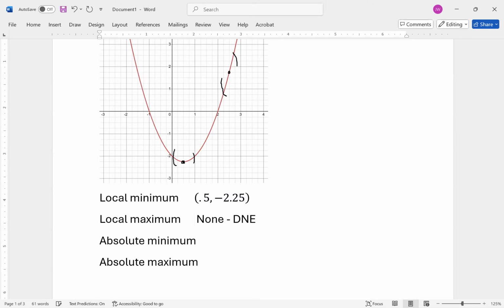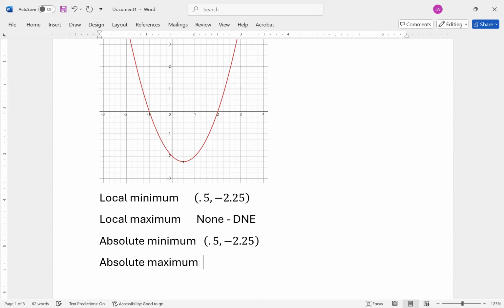Now, how about the absolute minimum? That means the smallest point amongst all other points in the entire graph. And once again, the smallest point in the entire graph is that local minimum. And therefore, the absolute minimum point is also 0.5 comma negative 2.25.